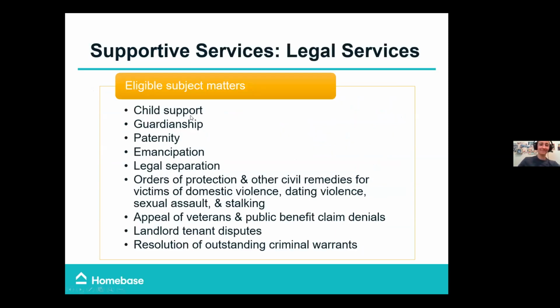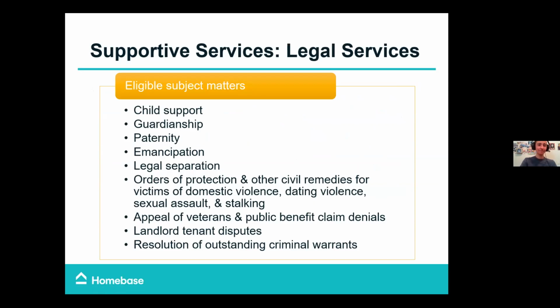Our final chunk of supportive services costs. As we of course know, clients may have a lot going on in addition to housing needs, and supportive services can include costs related to legal services, such as paying an attorney's fee for advice or representation in a matter that interferes with the client's ability to obtain and retain housing.